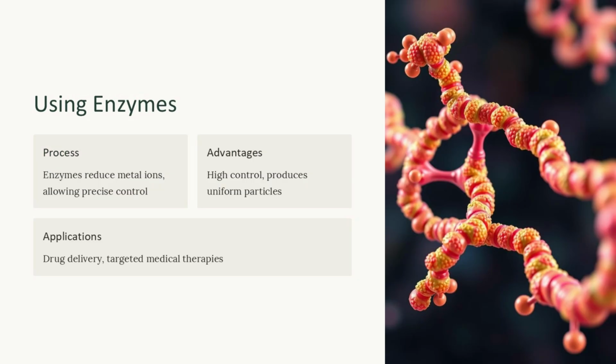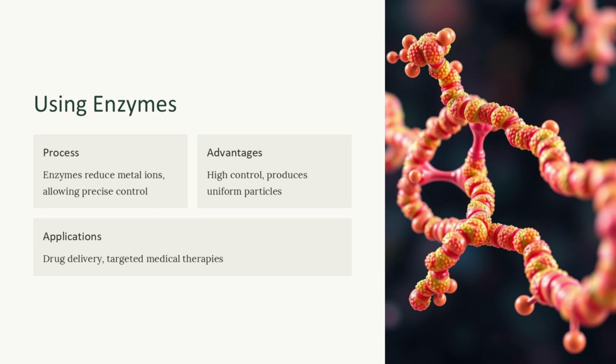Finally, let's discuss enzymes in nanomaterial synthesis. Enzymes are proteins that speed up chemical reactions. Just like in our bodies, enzymes can work outside of organisms to make nanoparticles by reducing metal ions in a controlled and precise way.